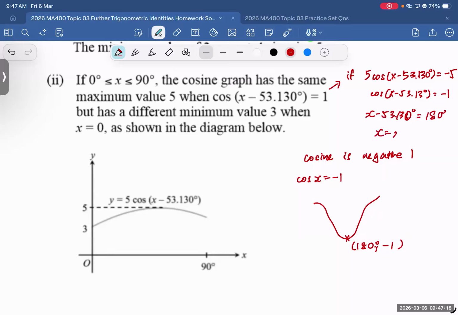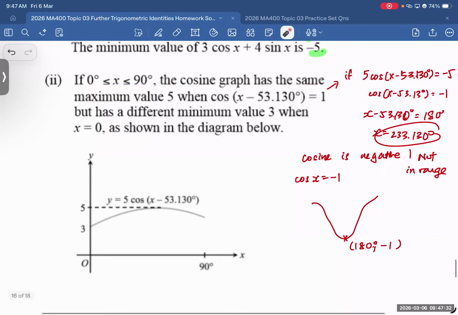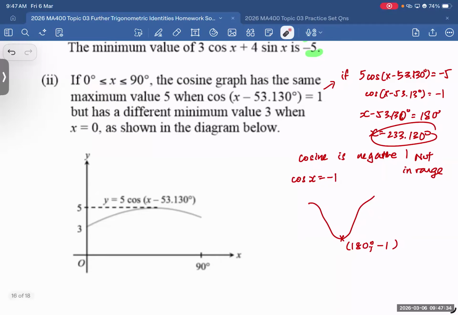That means x will be 233.13, right? You can see that this is not in range, because you are only looking at x between 0 to 90. This kind of question is just to build your concept.